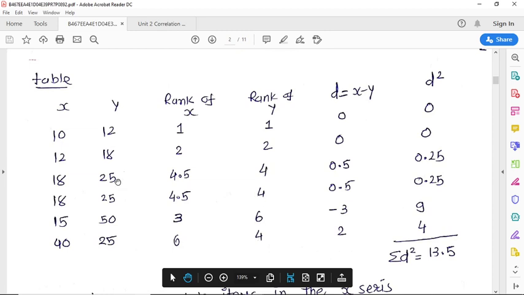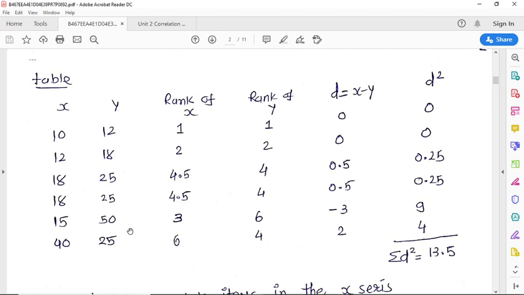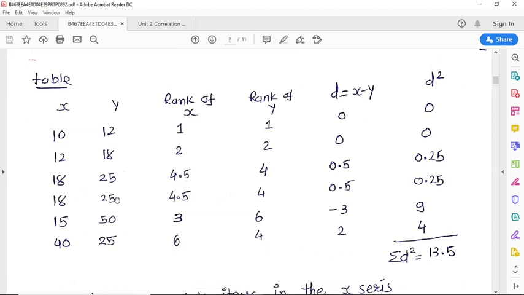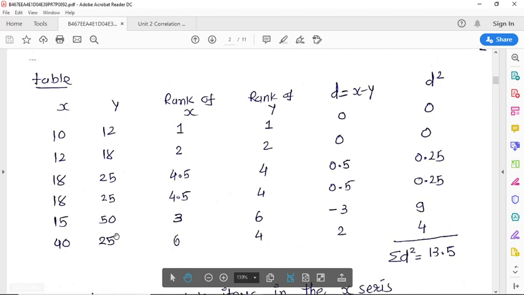So in such a case we take the sum of the 3rd, 4th and 5th places: 3 plus 4 plus 5, which gives 12. And how many times is it repeated? 25 exists in this column 3 times.